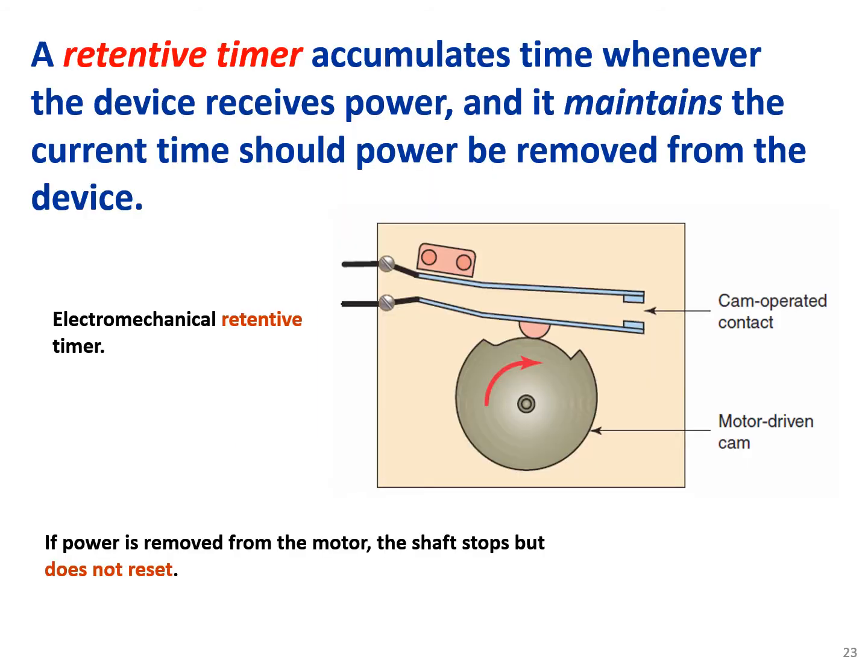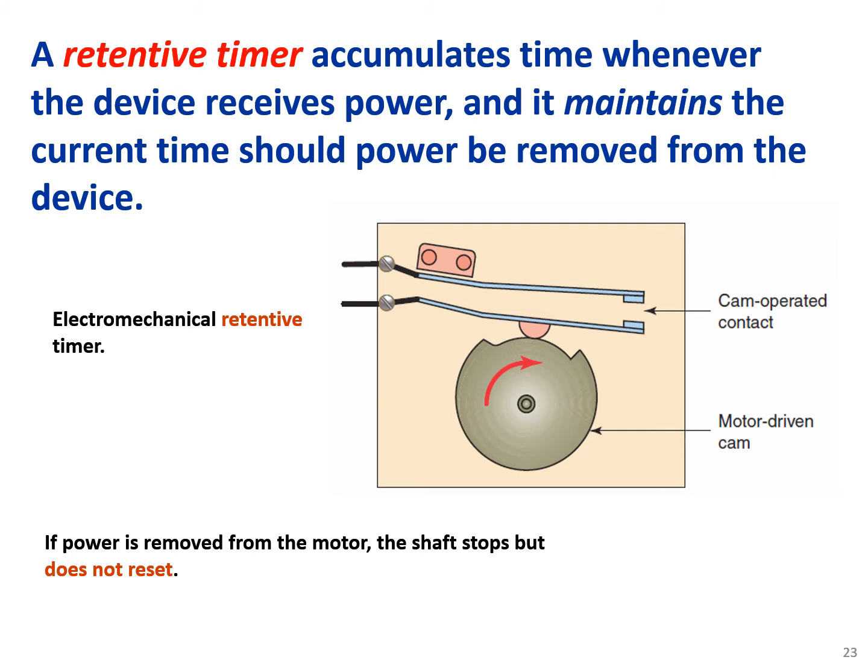Retentive timer. A retentive timer accumulates time whenever the device receives power, and it maintains the current time should power be removed from the device. With normal timers, we always need the signal logic to be true, otherwise the down bit will go off.